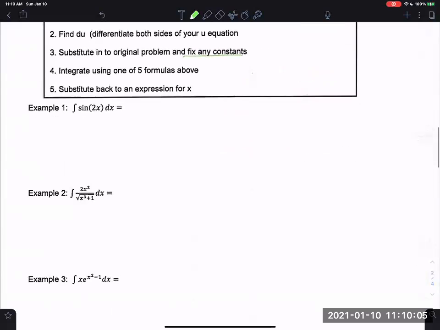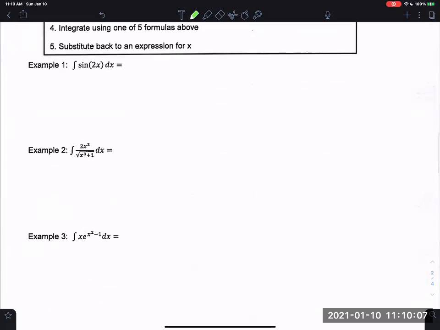All right, so what I'm going to do is I am going to pause and see how we do on the first example, maybe the first and the second example, and then we'll come back and do the third one together, okay? So I'm going to pause, go ahead and do examples 1 and 2, and then we'll come back.